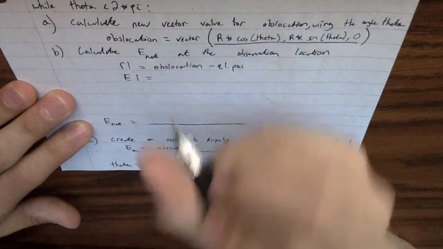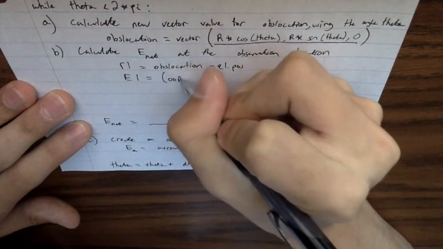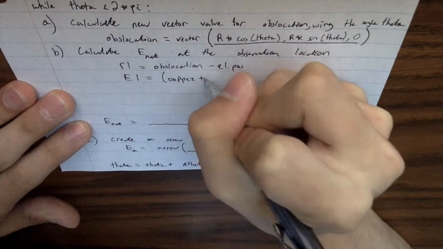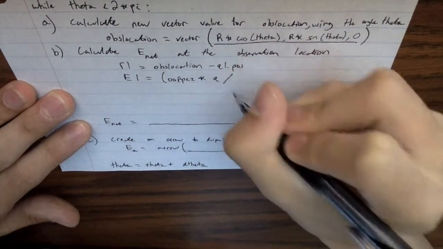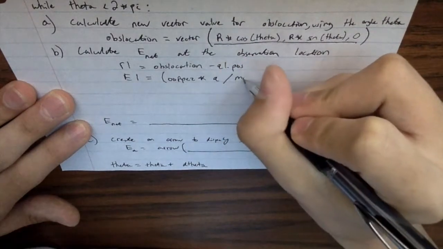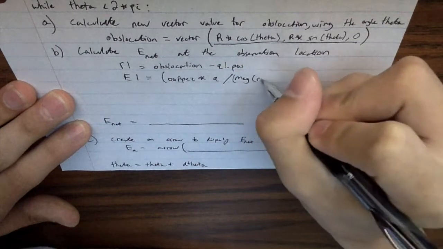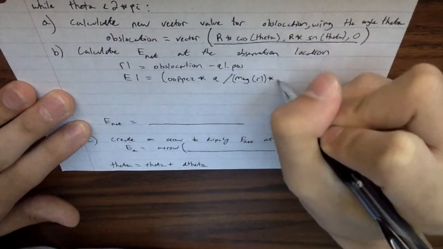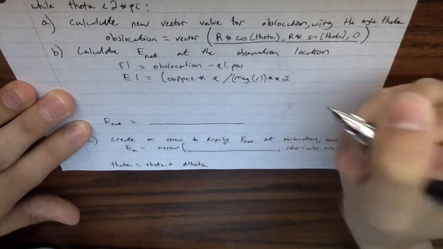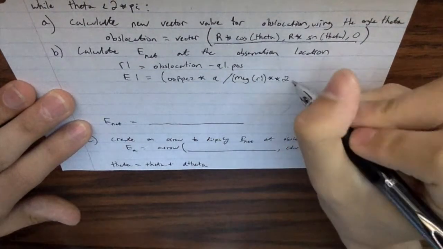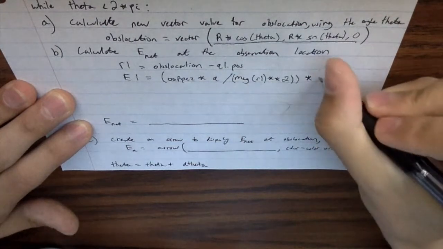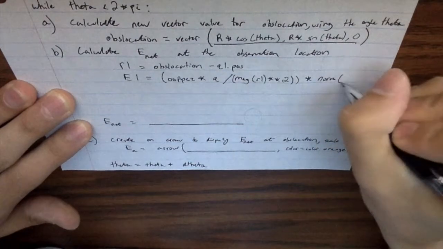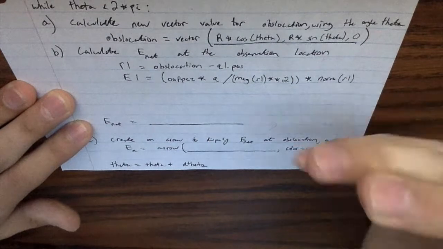So E1 equals UFPES times Q over the magnitude of R1 squared, and you write squared with 2 asterisks. And then all this is times R hat, which can be written in VPython as norm of R1.